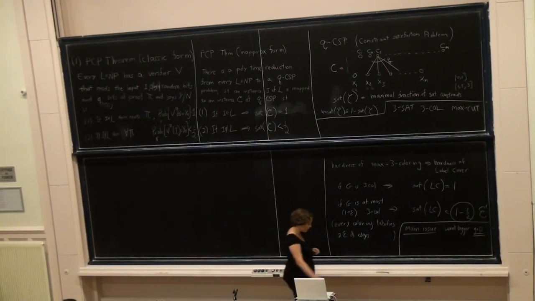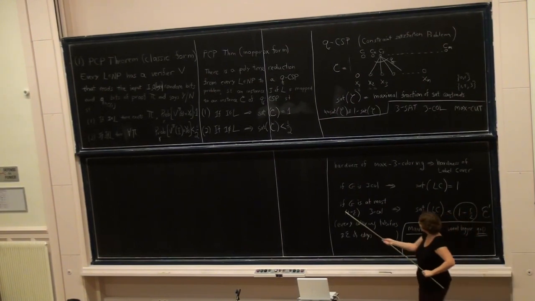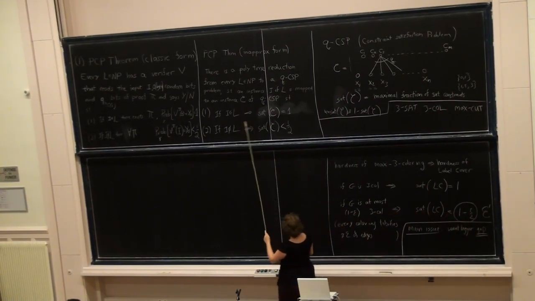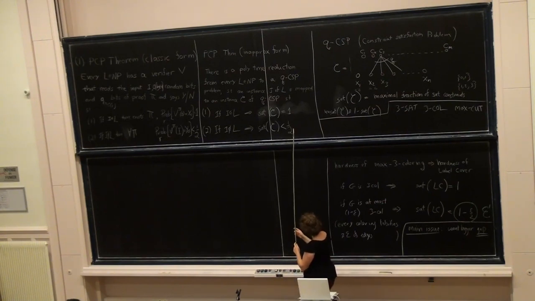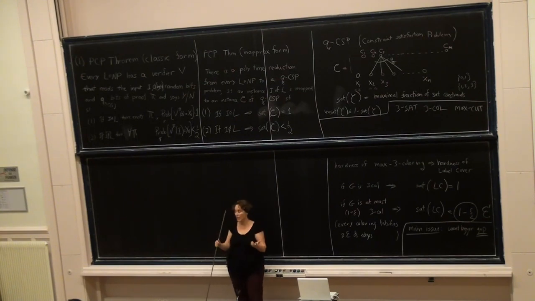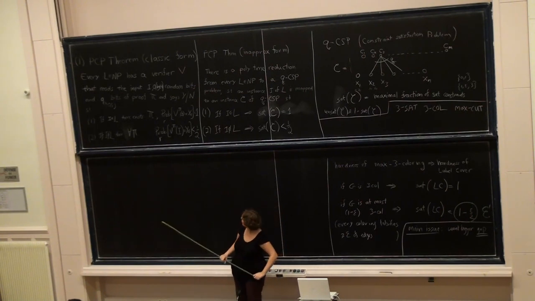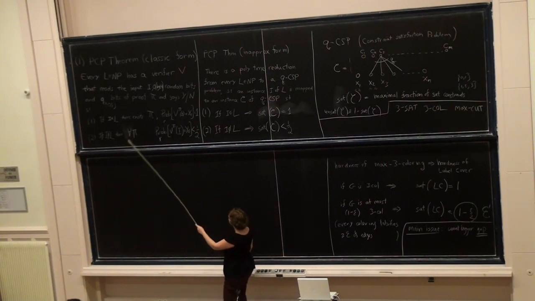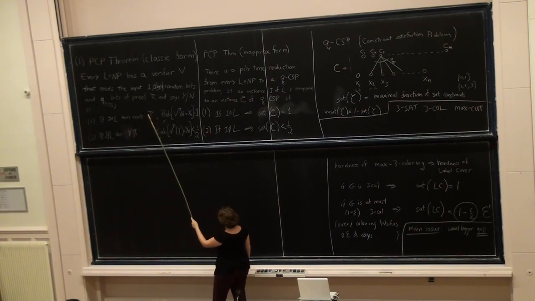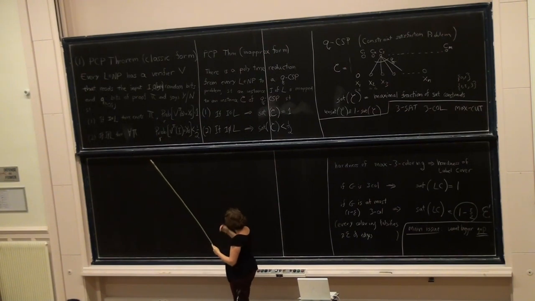So I forgot to say that these values have names. This is called the completeness value, and this is called the soundness value. And this stems from this view of a proof system. A proof system has completeness and soundness. Completeness says everything that's true should be provable, so for every true statement there is a proof, and everything that has a proof should be true, and that's soundness.